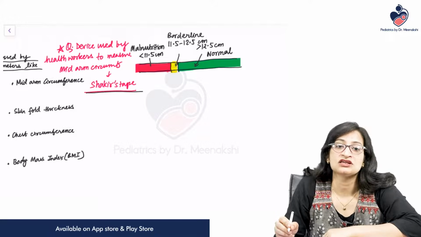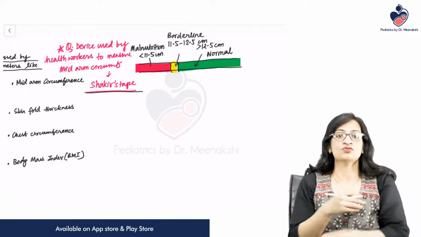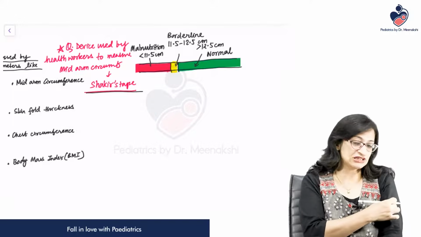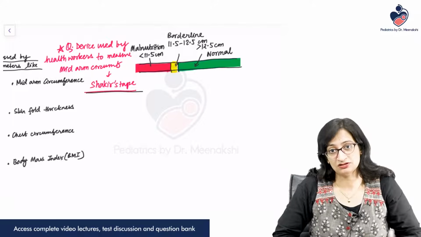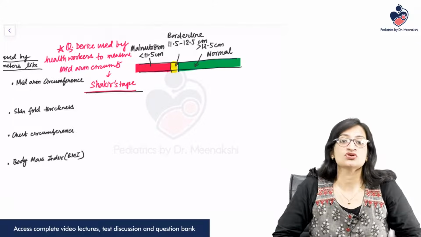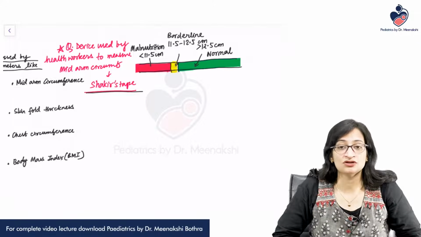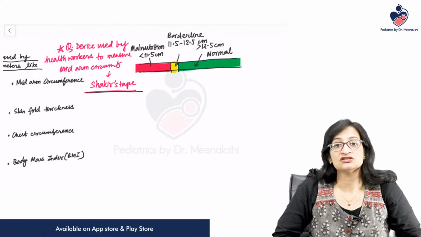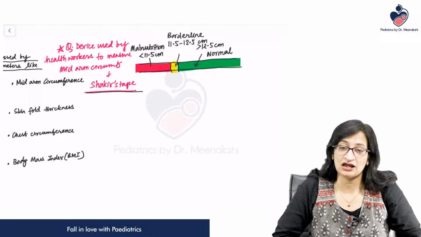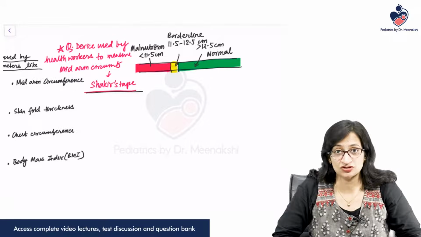Now regarding the skin fold thickness. So if you take a fold of skin, you're always lifting some amount of subcutaneous tissue along with it. So the skin fold thickness also gives you some idea about the growth and nutritional status of the child. Okay. So the skin fold thickness, you need to know what is the device used to measure it and what are the areas where you usually measure it.